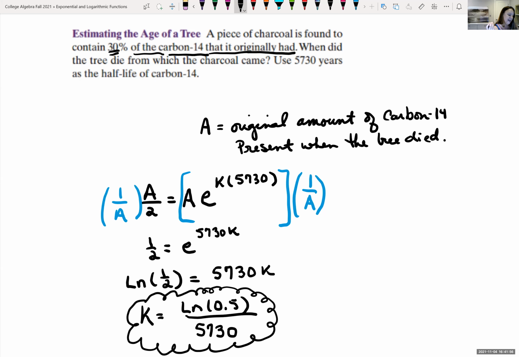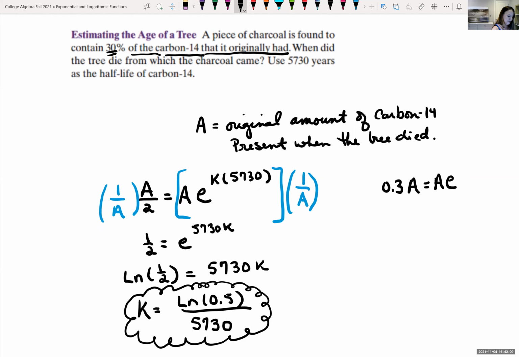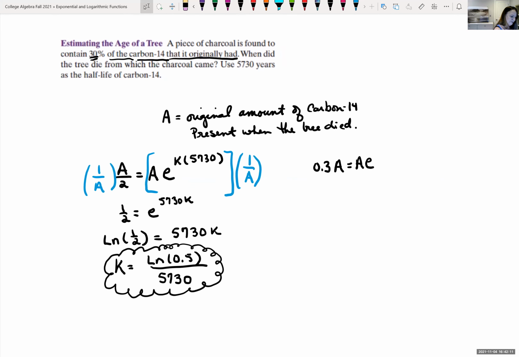So if it contains 30%, then 0.3 of the original amount A is equal to our original amount A, e raised to k, which we're going to write as ln of 0.5 all divided by 5,730, t.